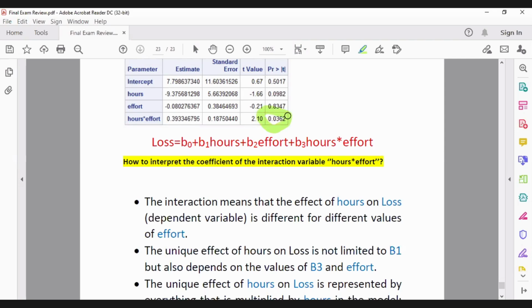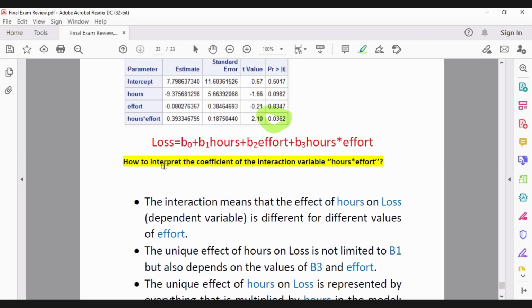The p-value is equal to 0.0362, less than 5%, meaning that y, which is loss, is dependent on hours, and that the level of hours is also dependent on the level of efforts. Or alternatively, loss is dependent on the level of efforts, and that the level of effort is dependent on the level of hours. This is indicated by the p-value, which is highly significant.